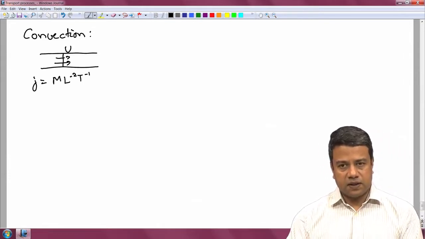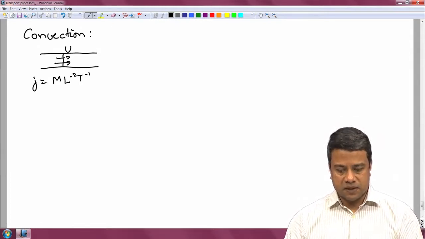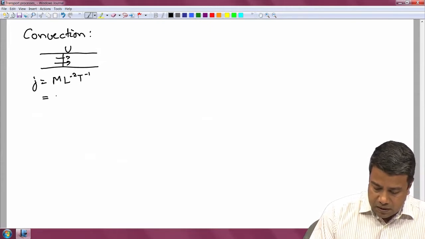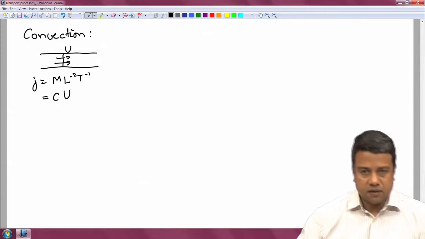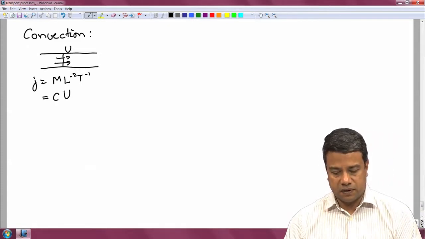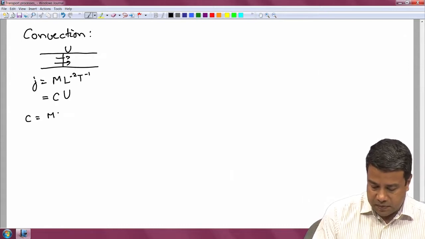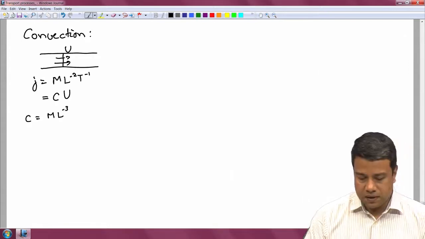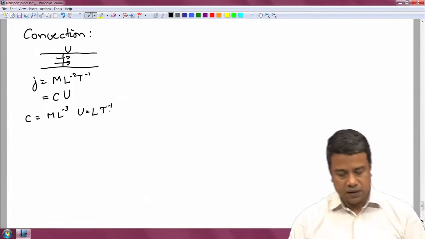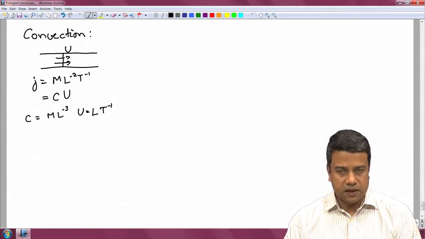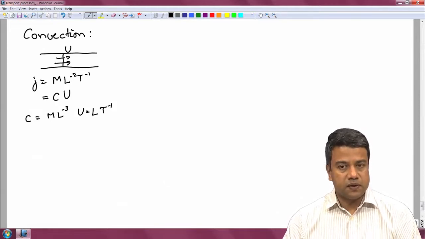If there were fluid that were carrying the mass along with it, then the flux that is carried would simply be the concentration of mass in the fluid times the velocity of the fluid. You can see that the concentration has dimensions of mass per length cubed. The velocity has dimensions of length per unit time. Therefore, if I multiply these two, I get a flux which is the mass per unit area per unit time.